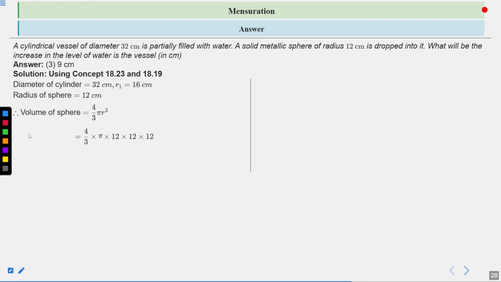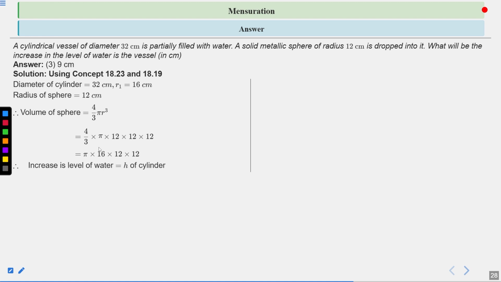So the volume of the sphere will become 4 by 3 into pi into 12 into 12 into 12. The 3 will cancel out, dividing 12 by 3 gives 4, and 4 into 4 becomes 16. So it is pi into 16 into 12 into 12.